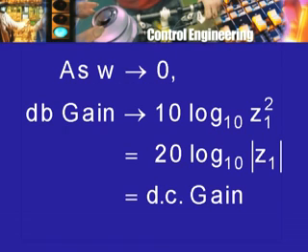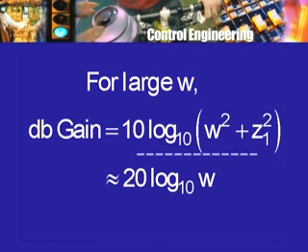Now, the behavior as omega increases without limit, or as we say omega tends to infinity. In that case, what about 10 log to the base 10 of omega square plus Z1 square? Now, Z1 is of course fixed, it is omega which is now increasing. So, this becomes negligible compared with omega square for a large omega. Therefore, this whole thing comes down to 20 log to the base 10 of omega.